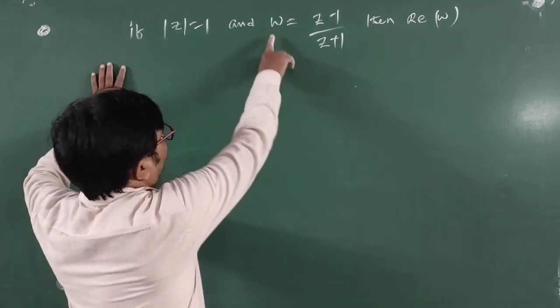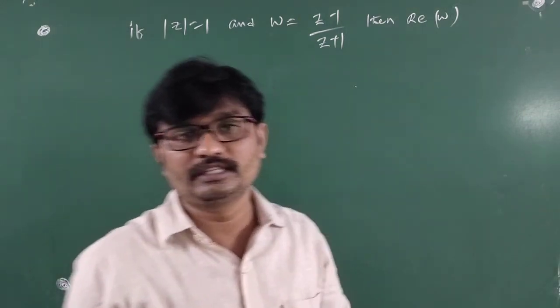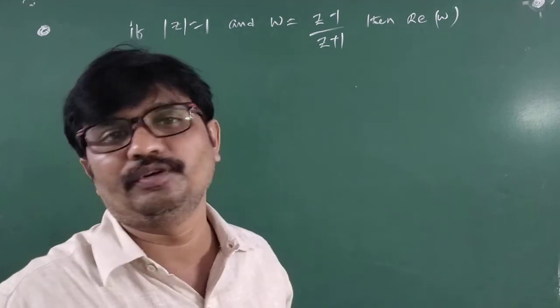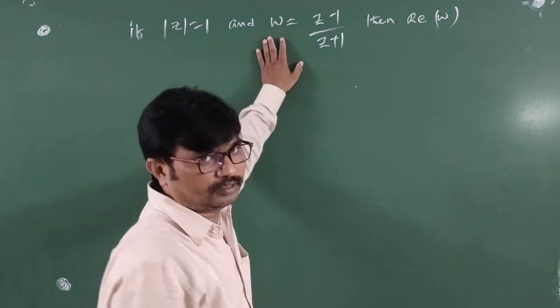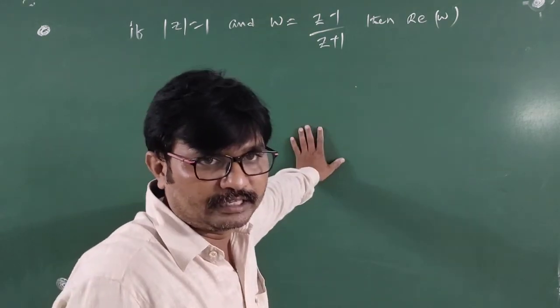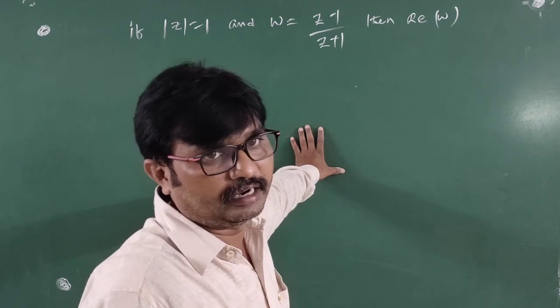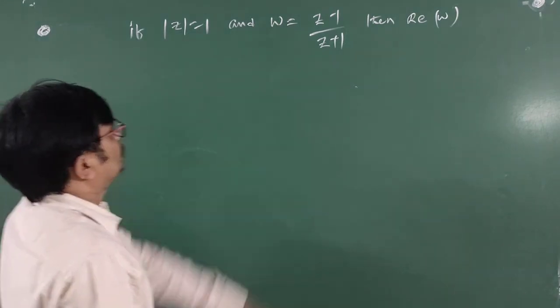When it is given that omega is the cube root of unity, then mod omega must be 1. But here mod z is 1.